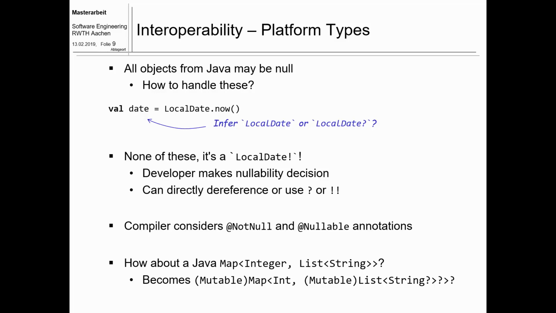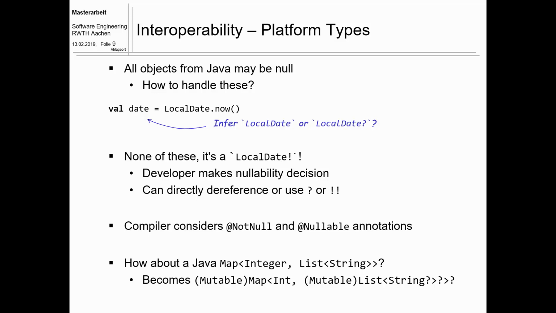Instead, it infers a so-called platform type, which is denoted with an exclamation mark, so LocalDate!, which means that this might be either nullable or not, and basically the compiler cannot decide this, so it defers this decision to the developer.